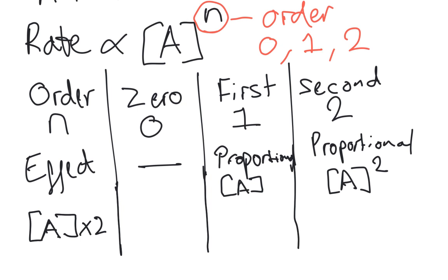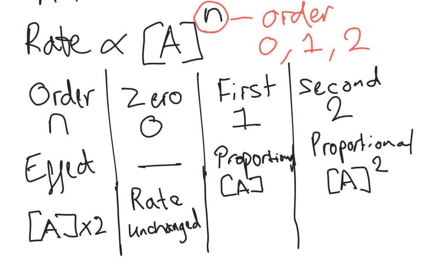Well, if A was zero order, I've got 2 times A now, but it's to the power of 0, so 2 times A to the power of 0 equals 1. So I've got a constant times 1. So what happens to the rate? Nothing. The rate is unchanged.